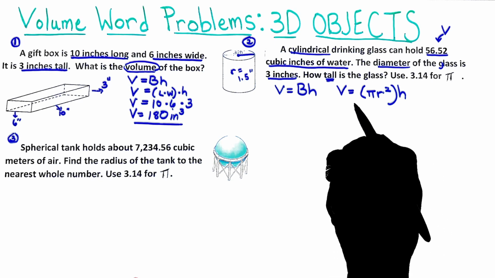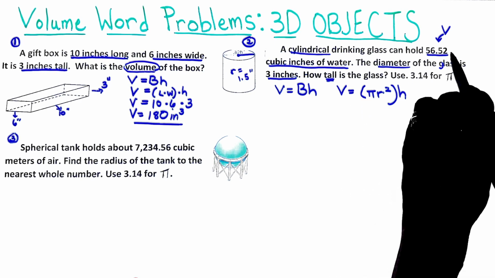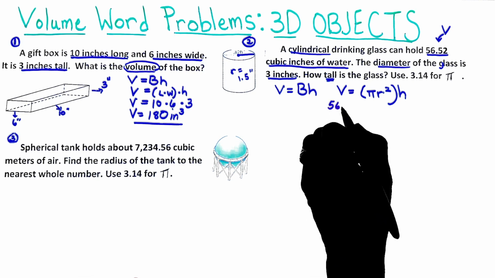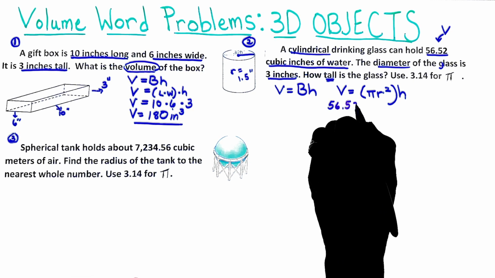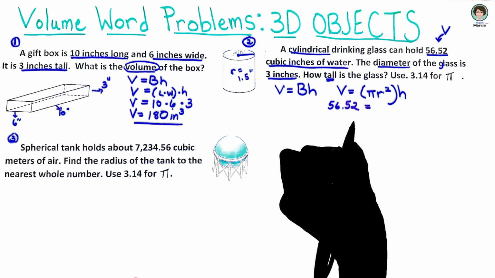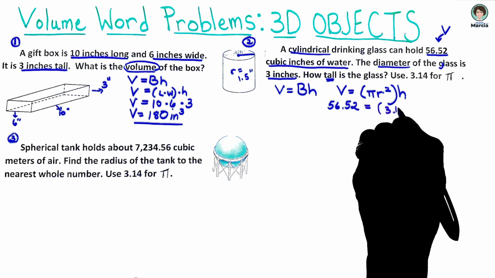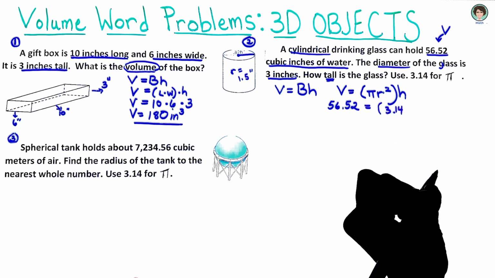So now let's go ahead and put our numbers in. Remember, they gave us the volume. So it is 56.52 is equal to, now they told us to use 3.14 for pi.